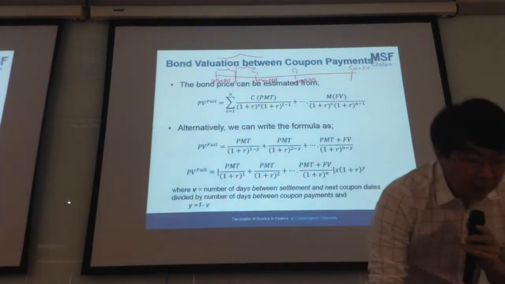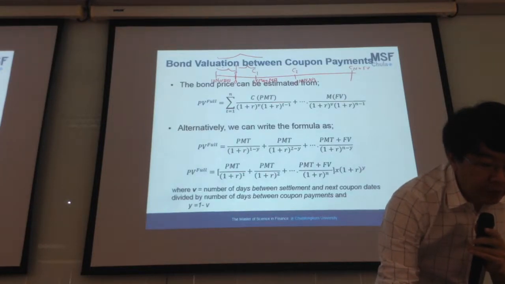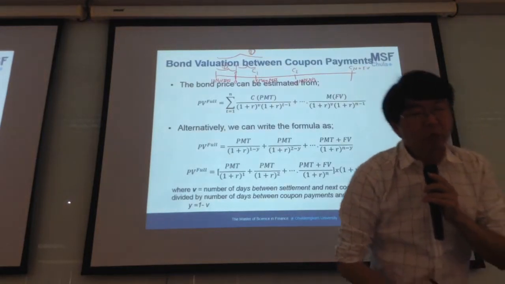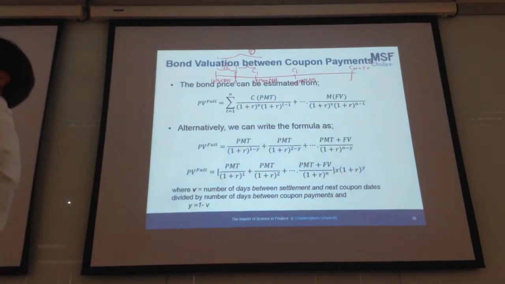Suppose this is 1, this is 2, Y will be 1 over 2, right? So you have this equation.